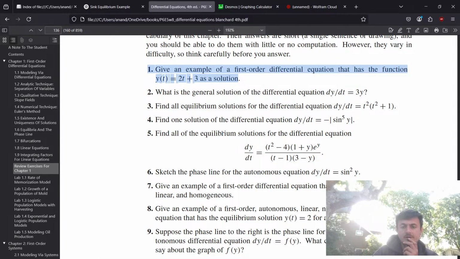Okay, problem 3. Find all equilibrium solutions for y of t.